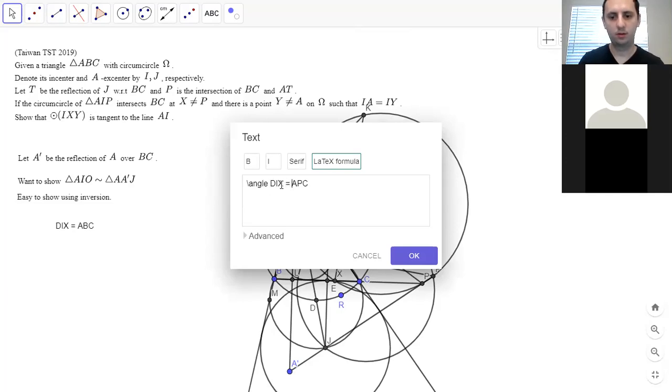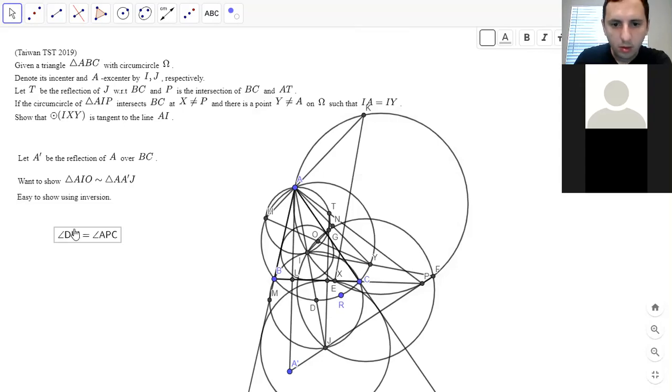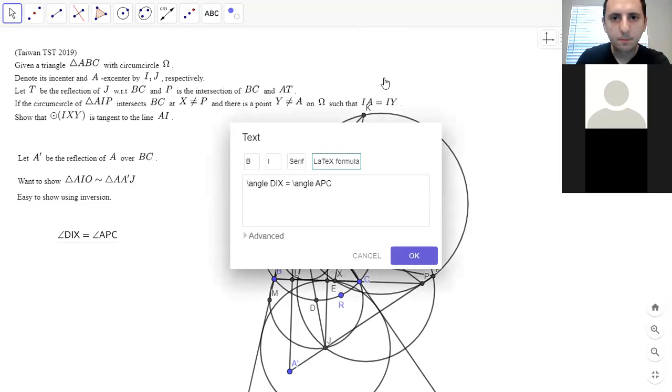Okay. Then APC equals A prime PL. And it equals 90 minus LA prime P, ALP, right?